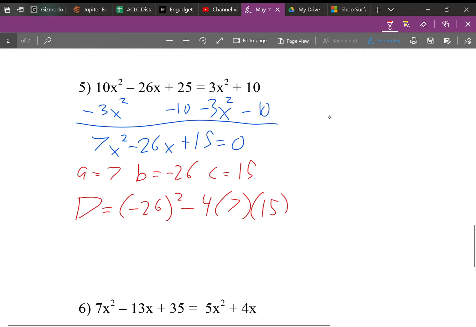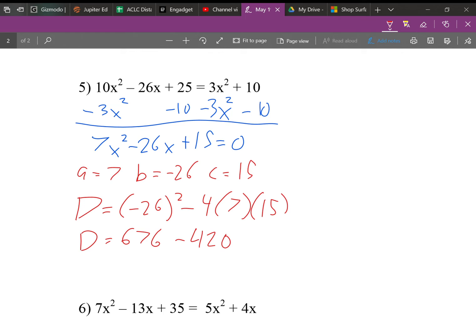And again, you're not going to do this by hand. You're going to use a calculator. You could probably hear my calculator right now. So I'm going to end up with b squared equals 676. Minus 4 times 7 times 15 gives me negative 420.